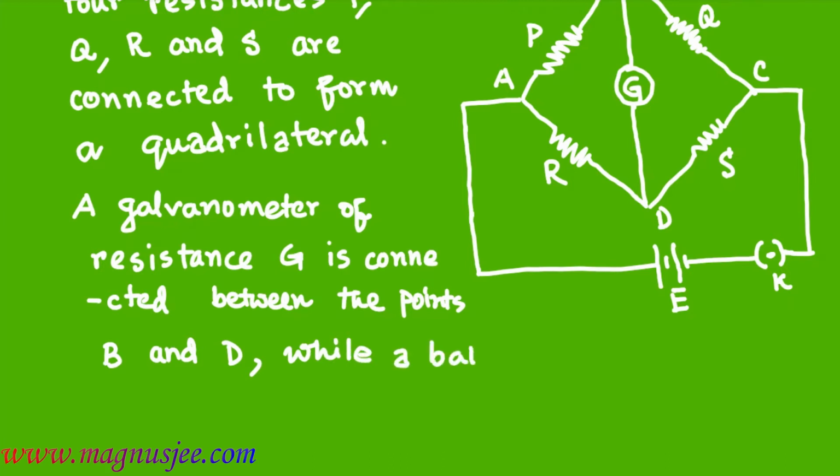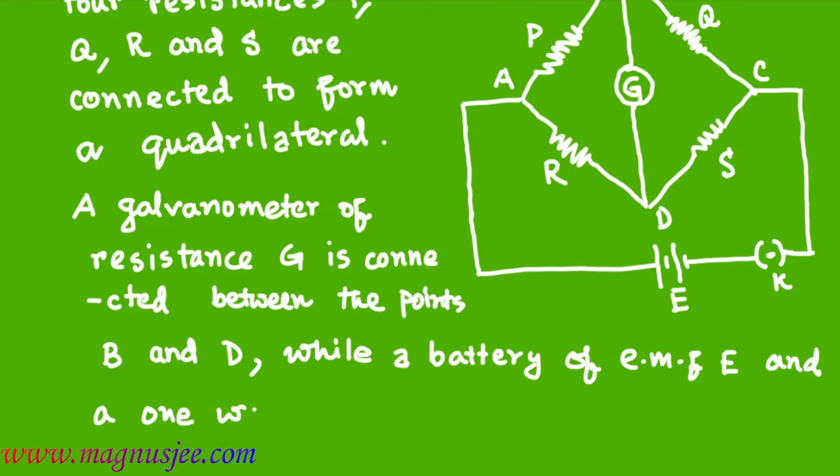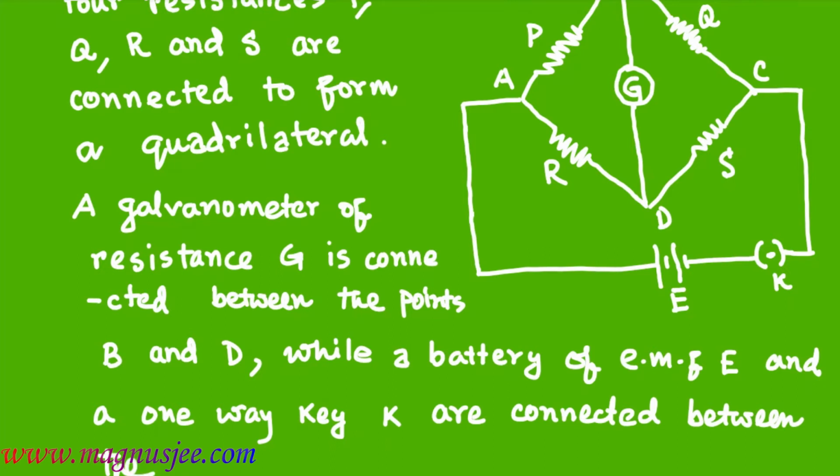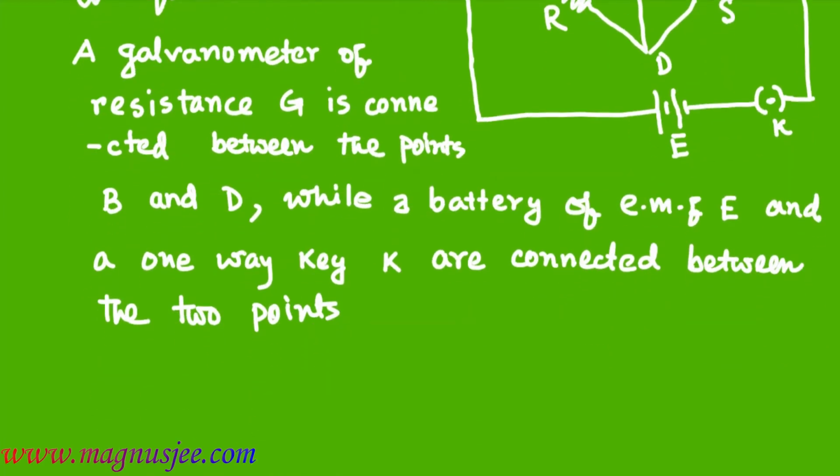A battery of EMF E and a one-way key K are connected to this quadrilateral between the two points A and C, to form a Wheatstone Bridge.